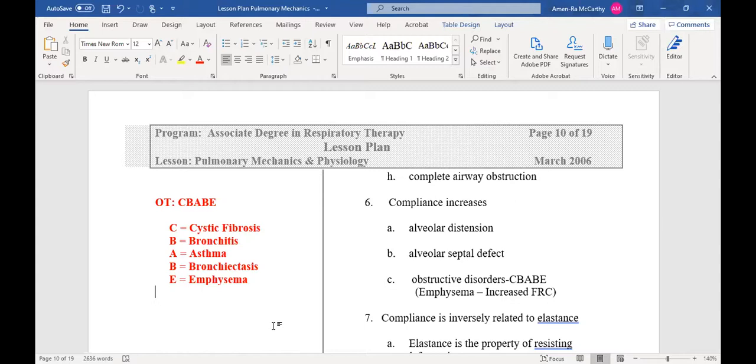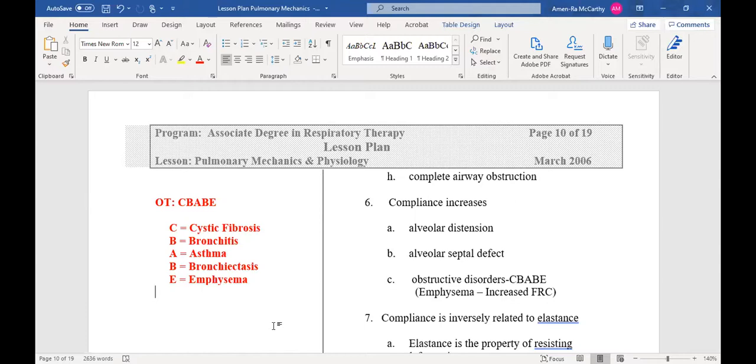Low elastance. And you know that cystic fibrosis is one of the COPD diseases. So if it is, it has a low elastance.